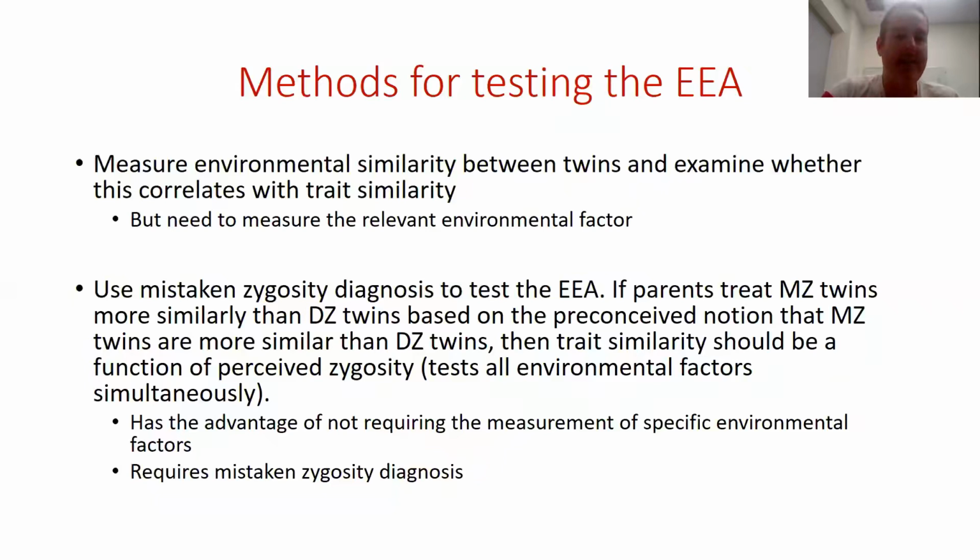And this has the advantage that it tests all environmental factors simultaneously, so you don't have to worry about measuring that single relevant environmental factor. The disadvantage, of course, is that it requires there to be mistaken zygosity diagnosis.